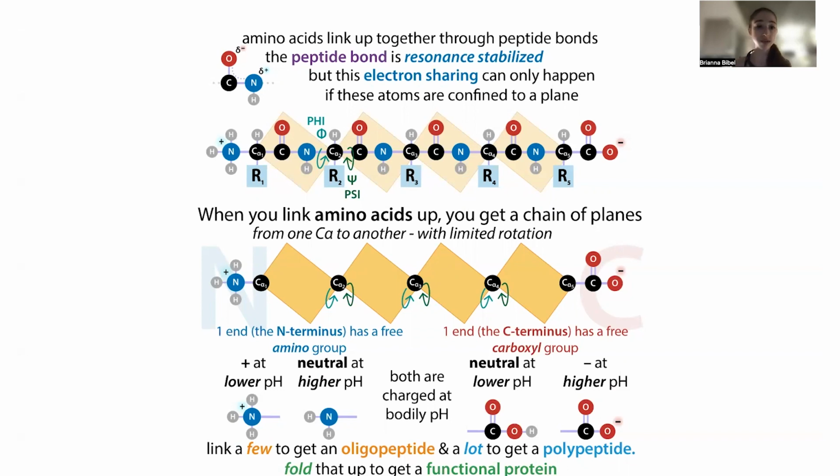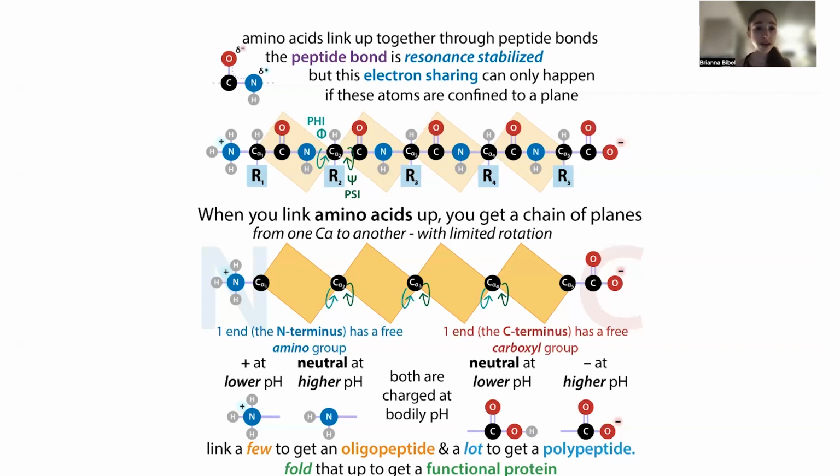And the backbone's rotation is already limited. What happens is that as those amino acids link up, they do it through these peptide bonds. Remember how I said that atoms could share one pair of electrons for a single bond and two pairs for a double bond? They can also sometimes do this thing called resonance stabilization or conjugation, where basically more than two atoms are sharing electrons, and they're sharing in a way that they don't have enough for full double bonds for all of them, but they have more than single bonds for all of them, so they have partial double bond character.